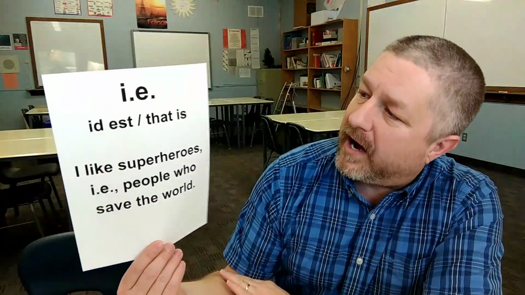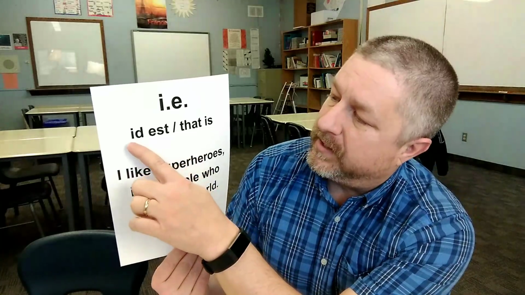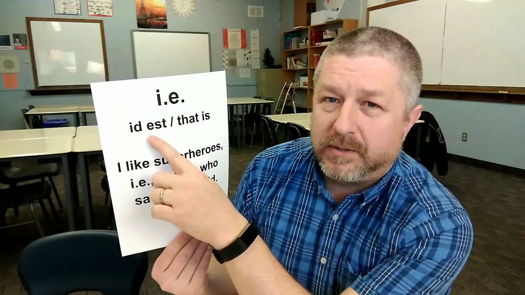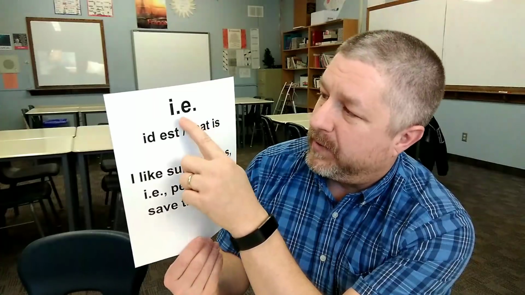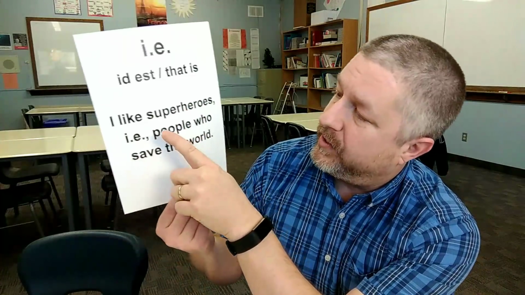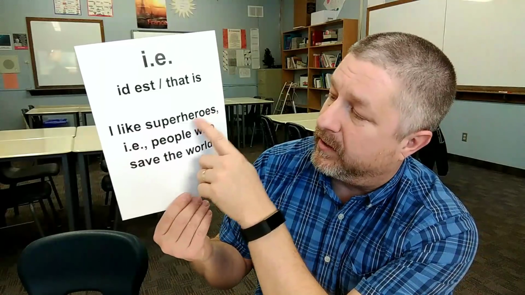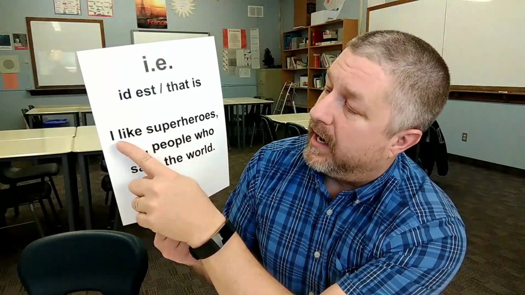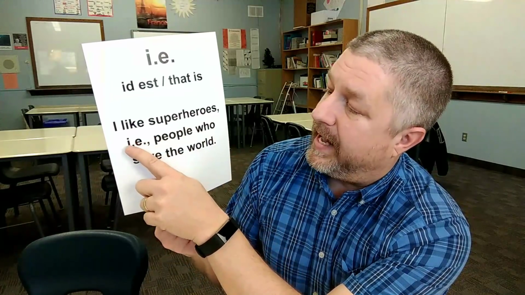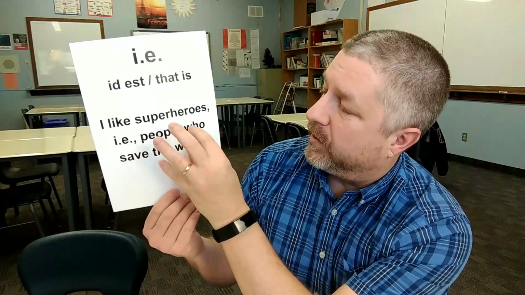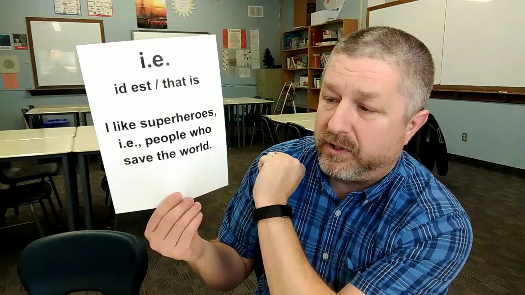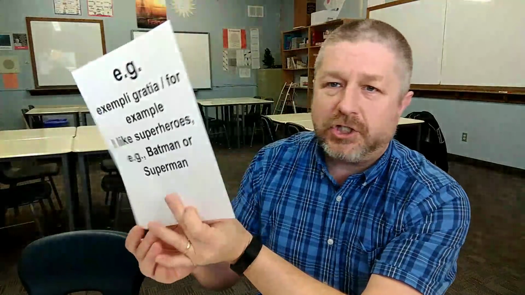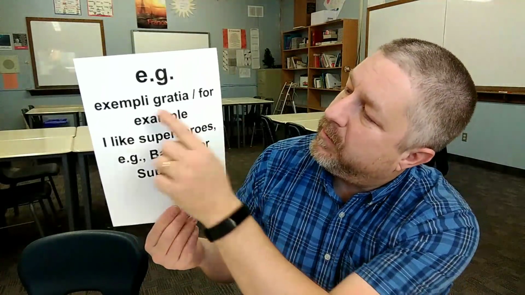I have to talk about these next 2 together. We have IE, which is from the Latin id est. I don't speak Latin, so if I said that wrong. But IE means that is. So here's a sentence. I like superheroes, i.e. people who save the world, okay? I like superheroes, that is, people who save the world. So this is defining superheroes. But if I use EG, EG means exempli gratia, for example.